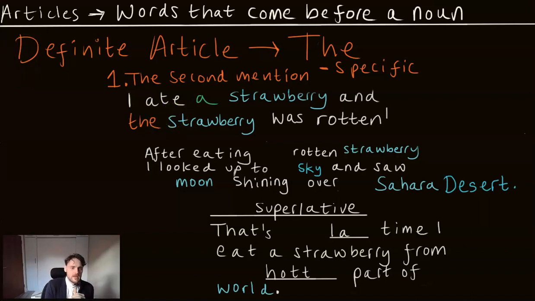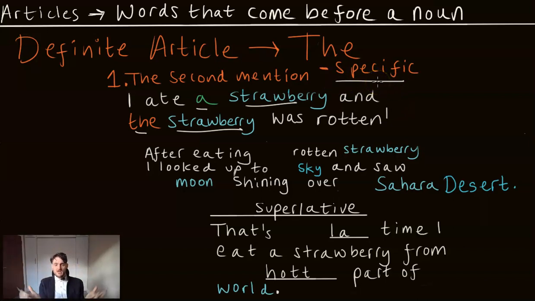Well, we mentioned the strawberry once and we mentioned the strawberry for a second time. The second time something that is indefinite is said, it becomes definite. It becomes specific. We went from the general strawberry, and by saying it again, we make it specific. Immediately, it becomes specific. I ate a strawberry and the strawberry was rotten. Okay?